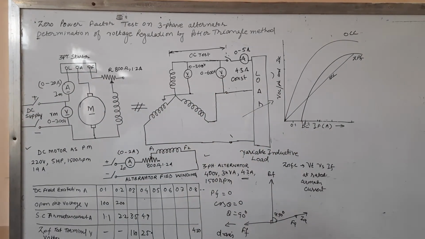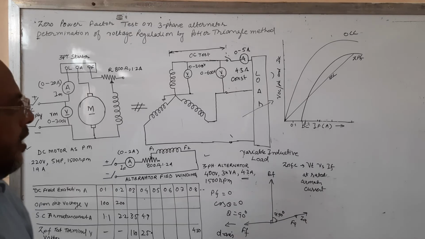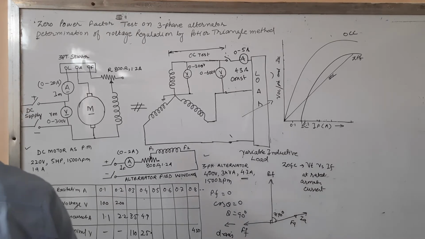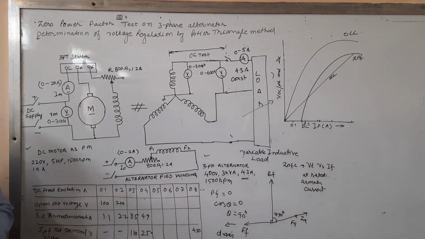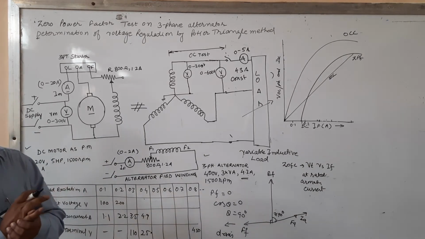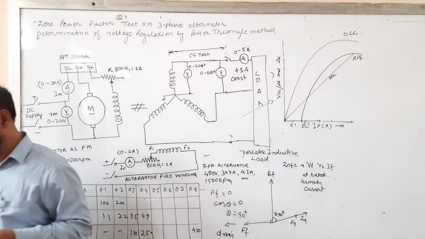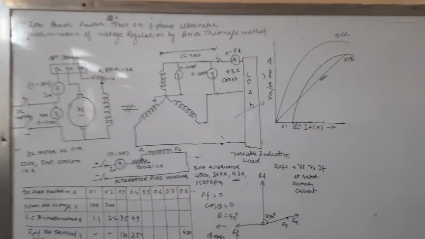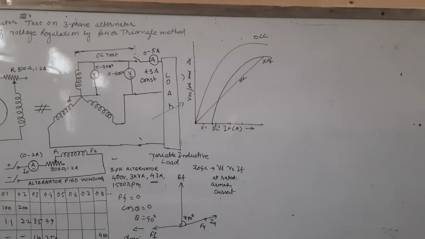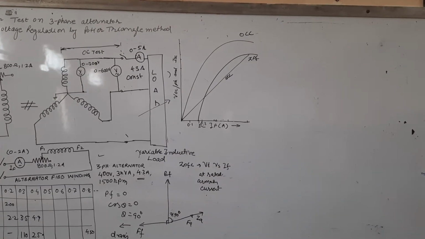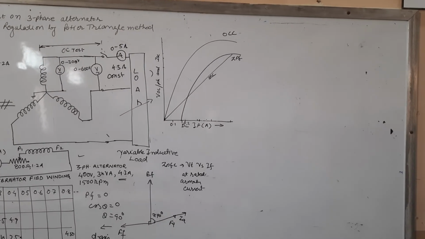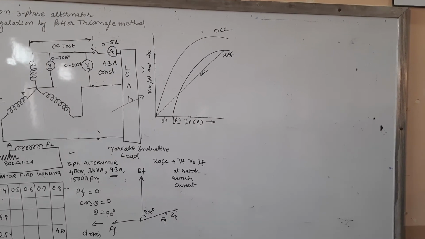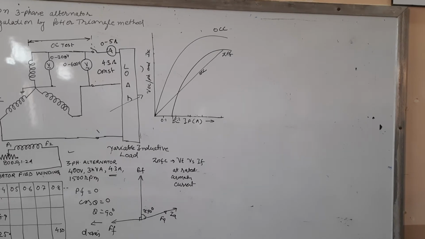Now what is the procedure to find out the voltage regulation by ZPFC or Potier triangle? First locate the rated voltage.